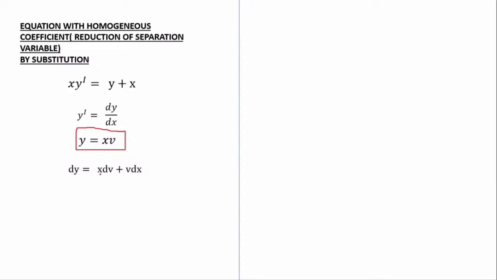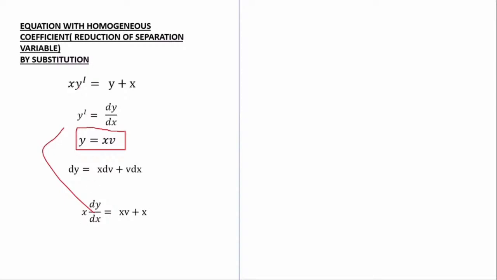We have this because there is a multiplication of x and v, so you use, according to differentiation, the principle of multiplication, the product rule. So we are trying to make dy dx the subject, and substitute in with the expression.